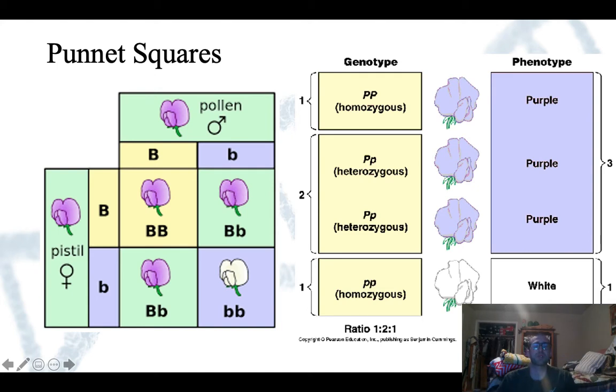So Punnett Square's a kind of nifty way of being able to track the genotypes of offspring if you're doing crosses. This is more important when you get into breeding, and it gets way more complicated, but it's a good simple method to understand, because it's going to help you understand how genes and traits get passed on.